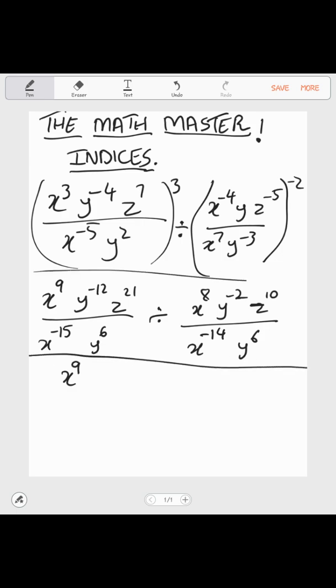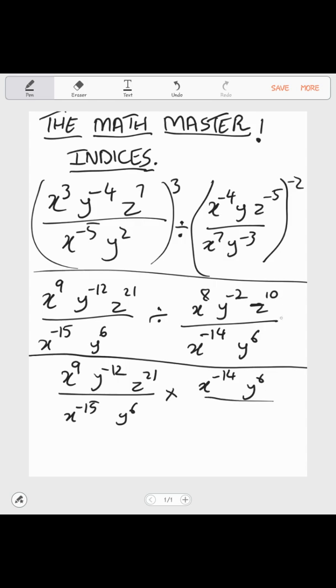I'm just drawing a line, 2 steps. y to the power minus 12 and z to the power 21 over x to the power minus 15 y to the power 6 would remain as it is, while this sign, when we change it to multiplication, the denominator becomes the numerator, while the numerator changes into the denominator. Simple as that. x to the power minus 14 y to the power 6 was in the denominator, now it's in the numerator. This was in the numerator, now it's in the denominator. z to the power 10.